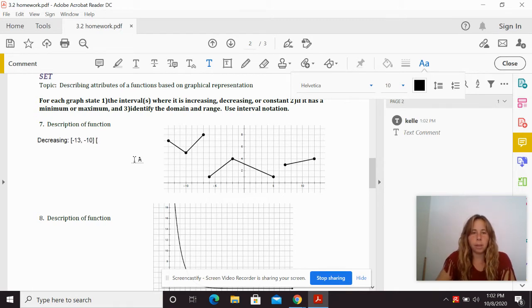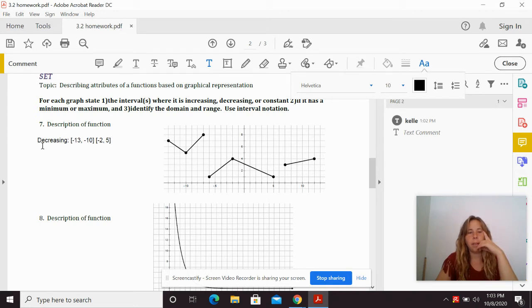It's also decreasing from negative 2 all the way to 5. So that's where this graph is decreasing. And then you would write down where it's increasing in the same way.